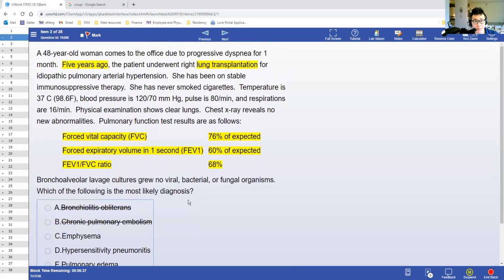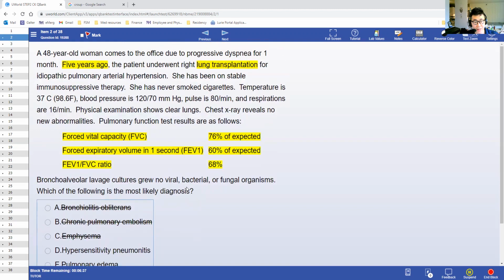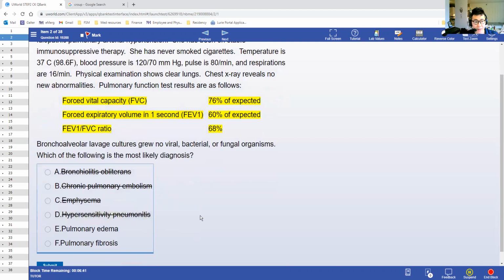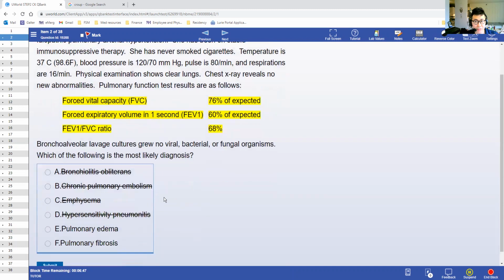Emphysema, possibly. But she's not a smoker and she doesn't have that liver disease that gives you emphysema, so I doubt it's this. Hypersensitivity pneumonitis is also kind of unlikely. She doesn't live on a farm or anything. Pulmonary edema. Not sure, it could be. Pulmonary fibrosis.